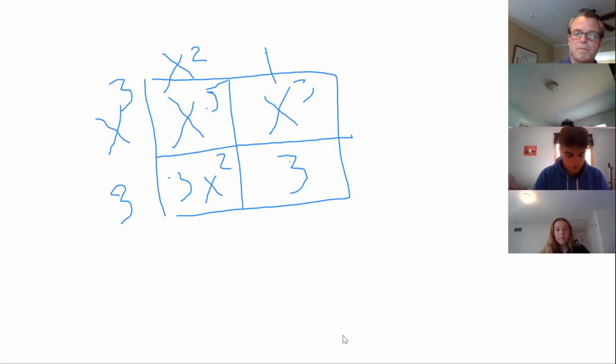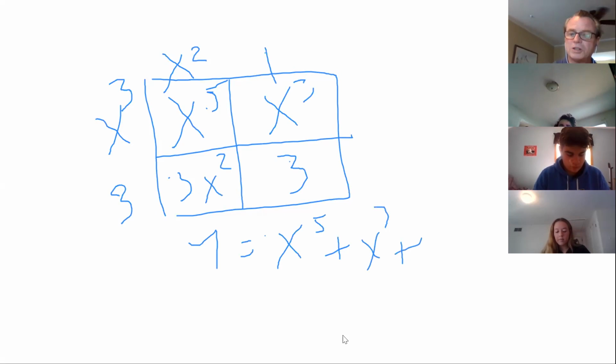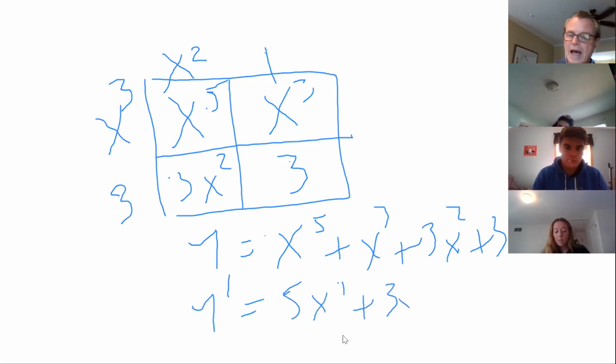So your expansion would be y equals x to the 5th plus x to the 3rd plus 3x squared plus 3. And the derivative, y prime, by the power rule would be 5x to the 4th plus 3x squared plus 6x plus 0.